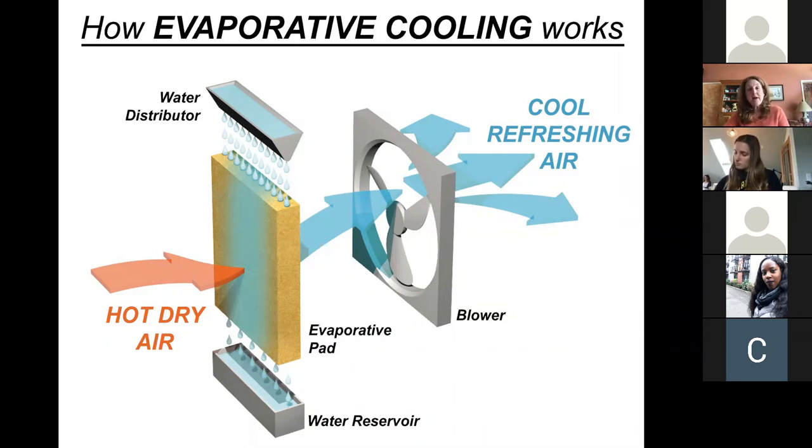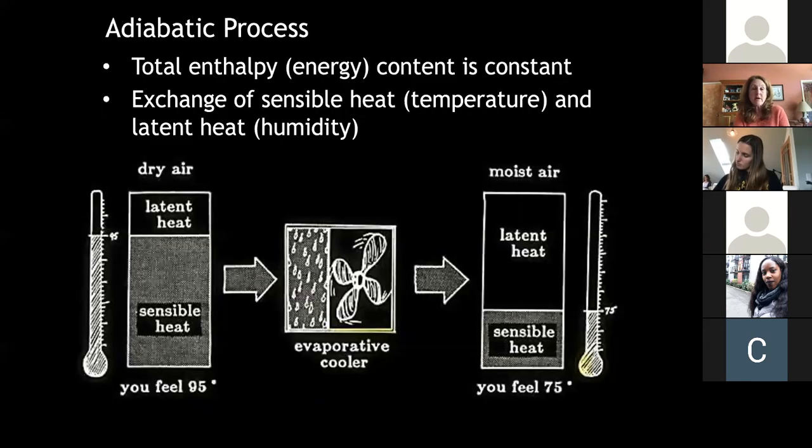And the idea of how an evaporative cooler works is that you start out with hot, dry air, and you introduce water into that air. You either spray water or the air flows over a sponge or a pad where there's water in it, and that water evaporates into the air. So you start out with hot, dry air, and you end up with cool, moist air.